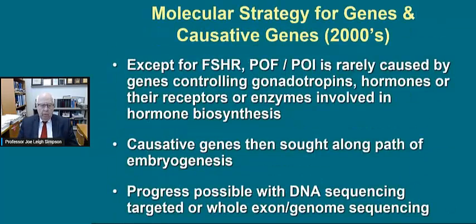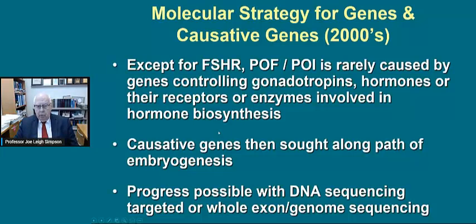So one of the areas that we could look at right here would be that if we did not find an explanation for premature ovarian failure or any ovarian failure by looking at hormone regions such as receptors, the hormones themselves, and the enzymes involved in hormone biosynthesis, all of these were logical, but we didn't find them very much.